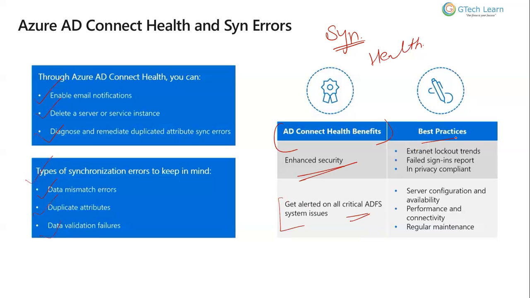The best practice is external lockout, ranked failed sign-in reports, in privacy compliant form. In that case, we are having server configuration and availability, performance and connectivity information, and regular information related to maintenance, which we can have present in the Azure AD Connect. That's okay.